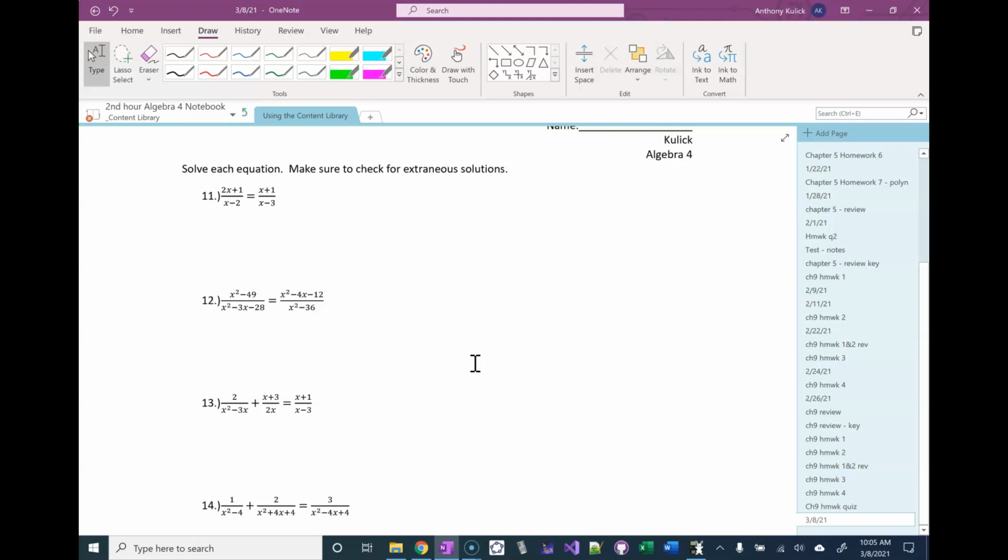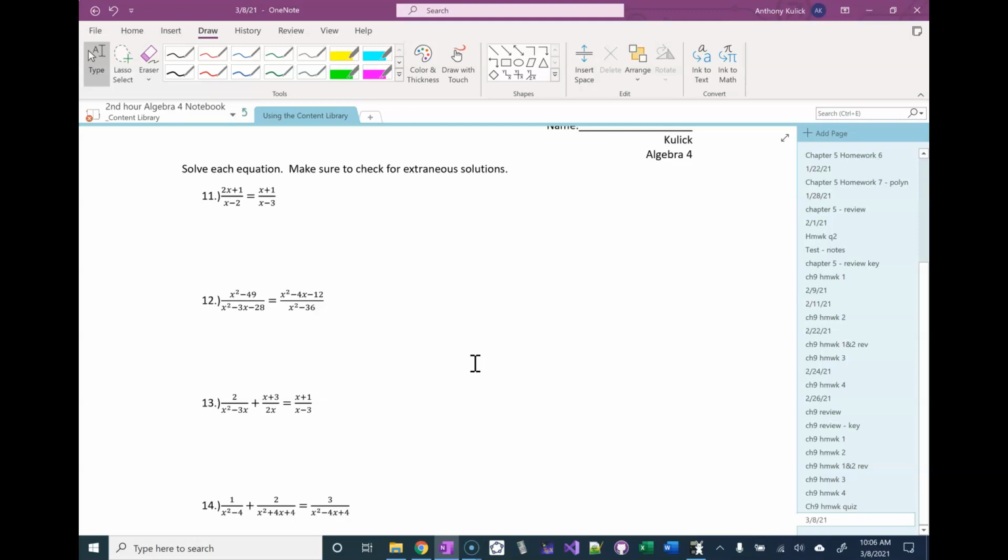So for number 10, I don't understand, like, you have to use the least common denominator. Okay, so I want to look at 10.